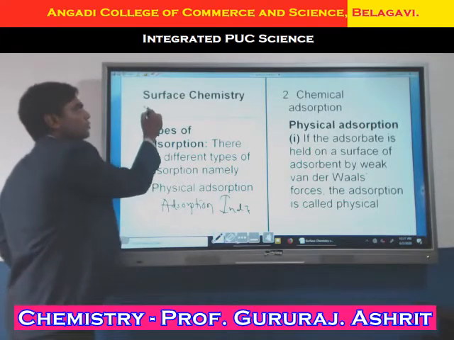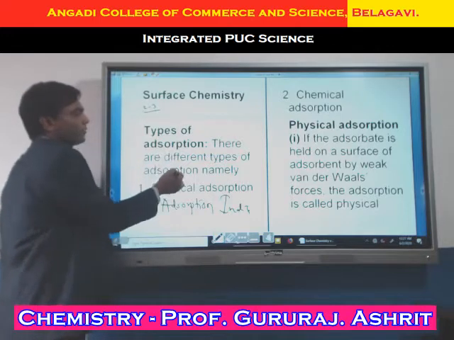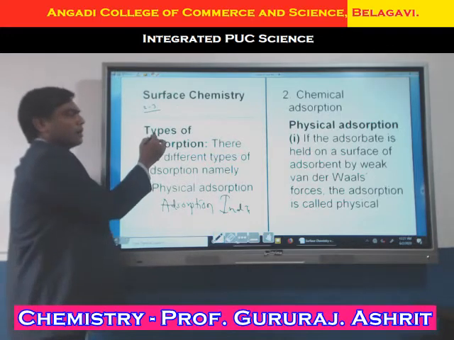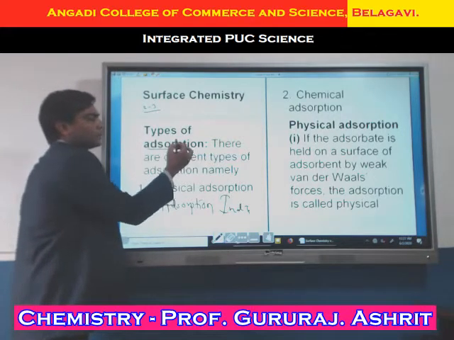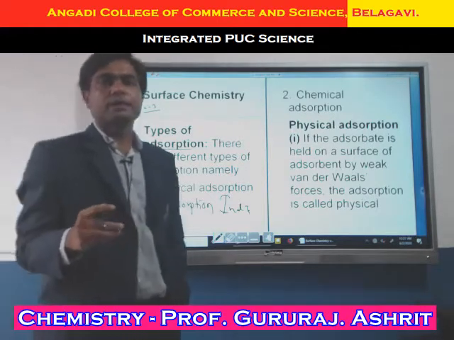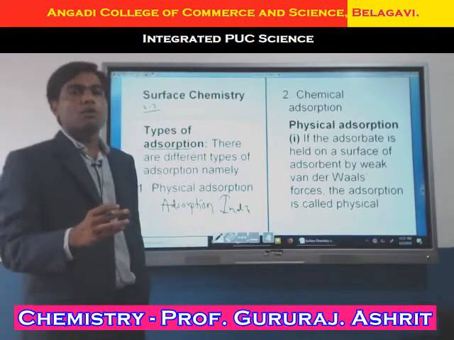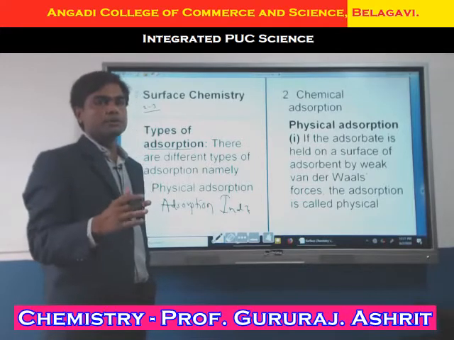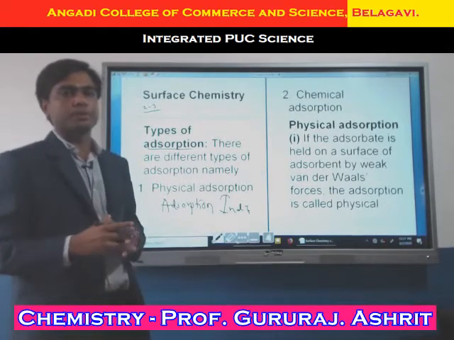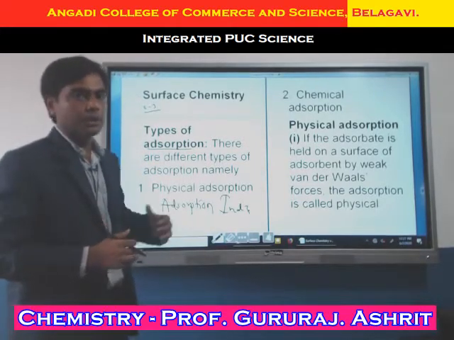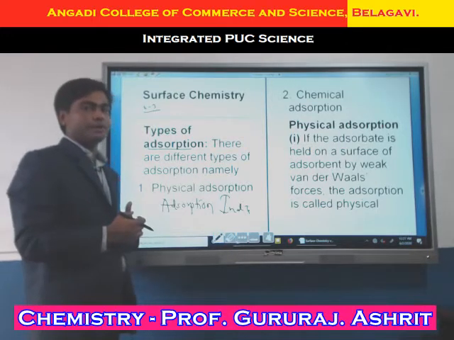So from this we get 2 to 3 questions. Starting with the synopsis, we should know the definition of adsorption first. The accumulation of adsorbate molecules on the surface of the adsorbent is called adsorption. Here we deal with different types of definitions.